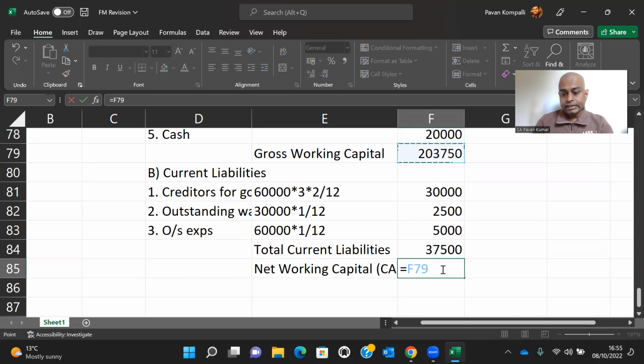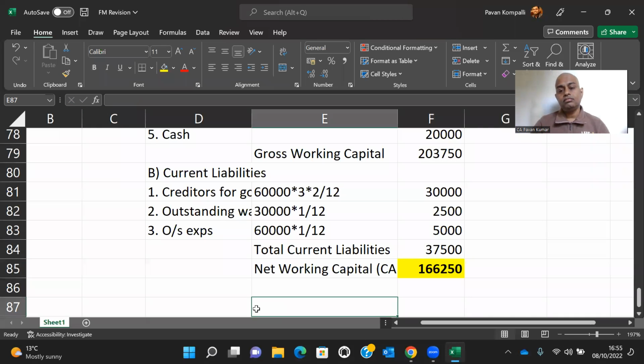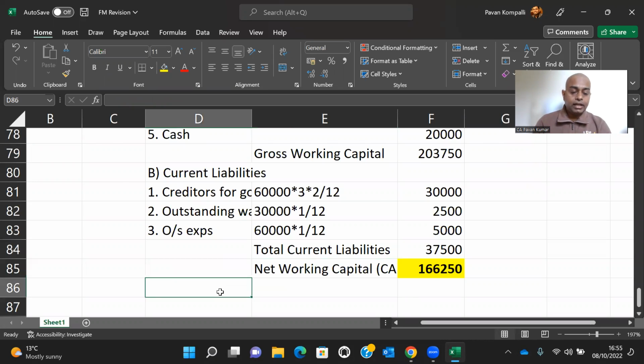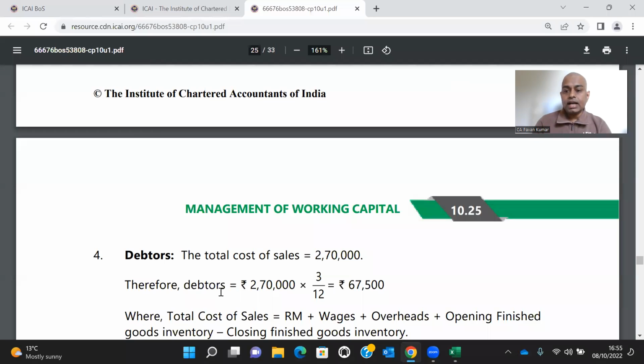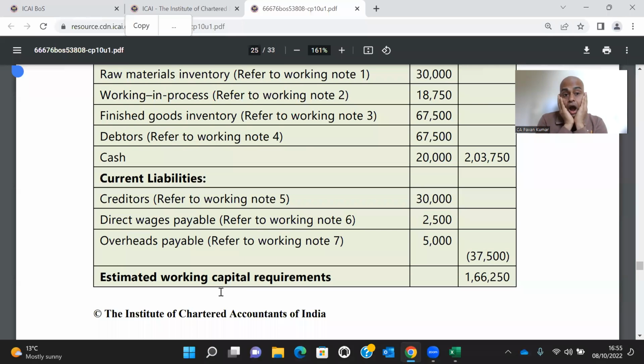This question can come for 6 marks. If your luck is good, 8 marks. So what is the answer? Did we get the correct answer?